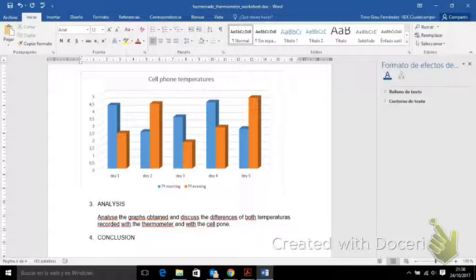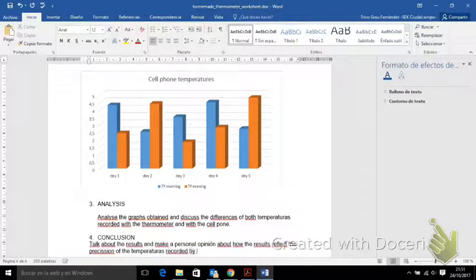So talk about the results and give a personal opinion about how the results reflect the precision of the temperatures recorded by both ways, so the thermometer and the cell phone.